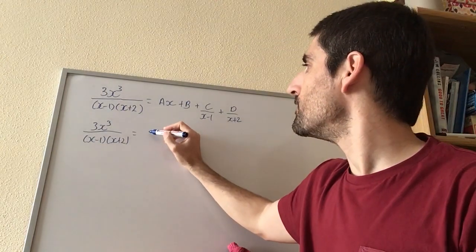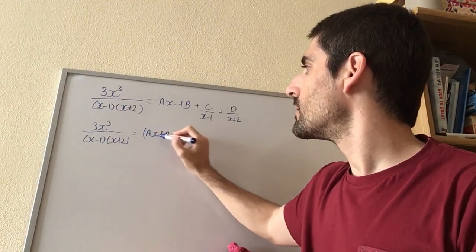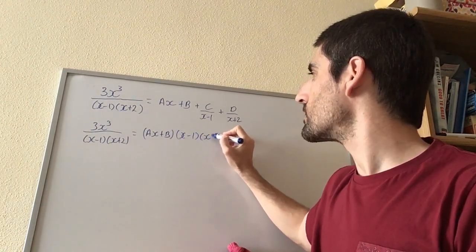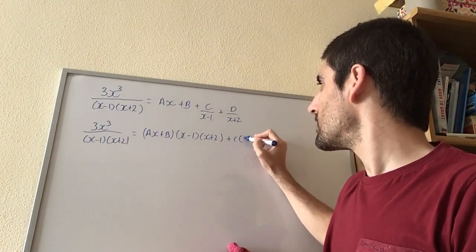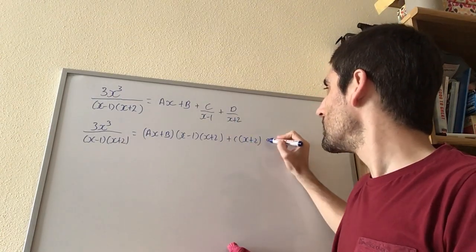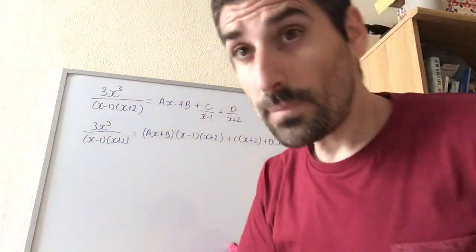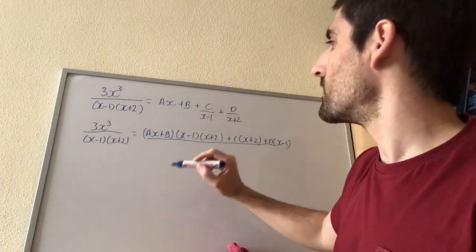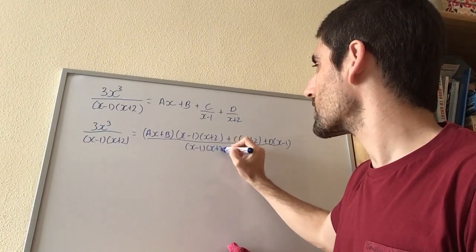So this is (ax plus b) times (x minus 1)(x plus 2) plus c times (x plus 2) plus d times (x minus 1), getting long, over the common denominator (x minus 1)(x plus 2).